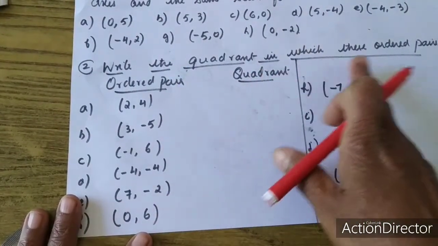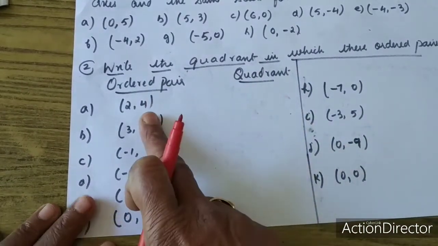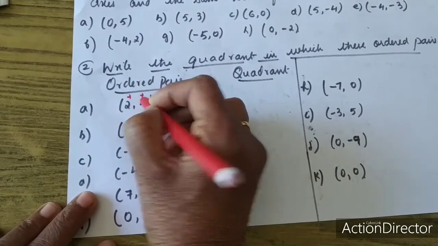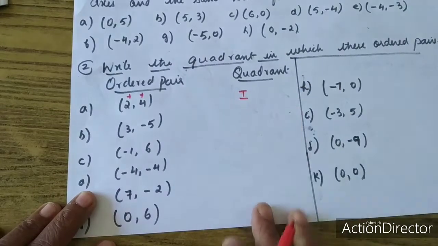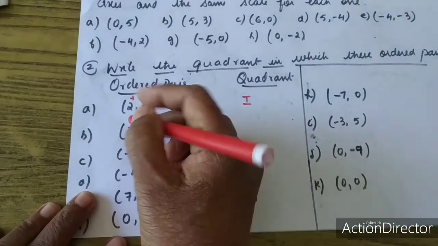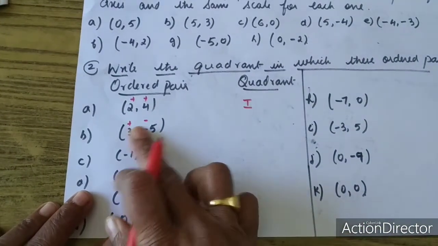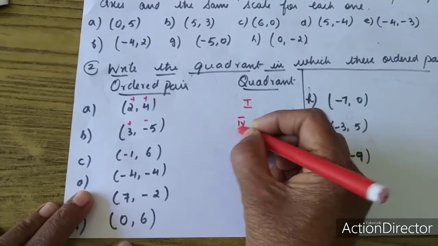Write the quadrant in which these ordered pairs lie. 2, 4. First you should see x is positive and y is positive. So, both are positive, first quadrant. And second one, x is positive and y is negative, lies in the fourth quadrant.